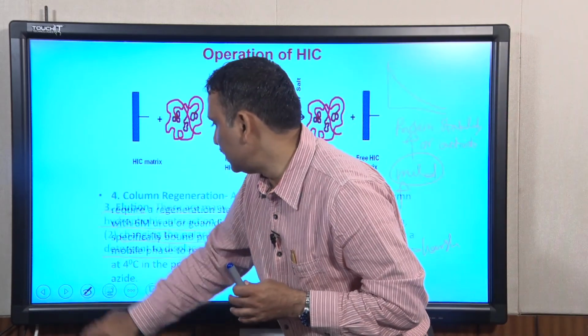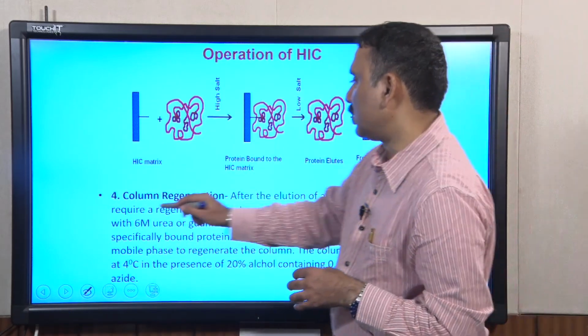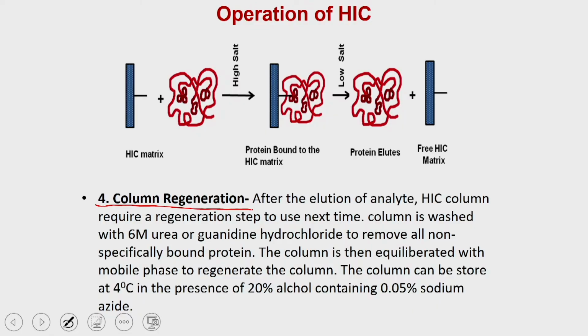Now, once your elution is over, you have to do a column regeneration, because you have to reuse this column. After the elution of the analyte, the HIC column requires a regeneration step to use it the next time. The column is washed with 6 molar urea or guanidinium hydrochloride.